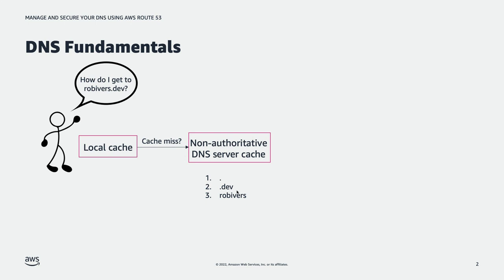This dot is usually not something that you see in domain names, but it's called the root domain server. So actually behind every domain name that you look up or put into your browser, there is this little dot. It's invisible to you, but it actually exists. And why this is important, we'll see in a minute.